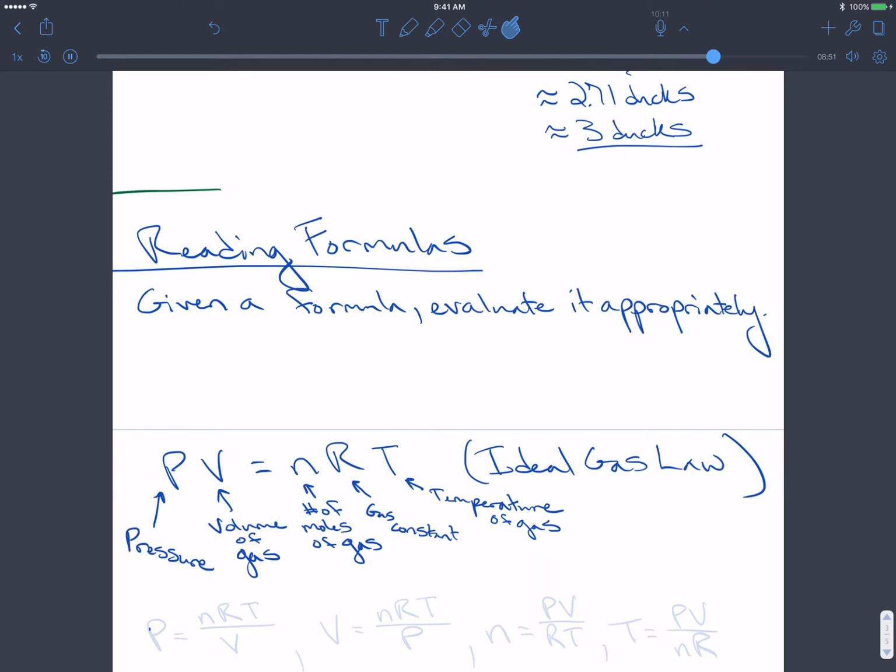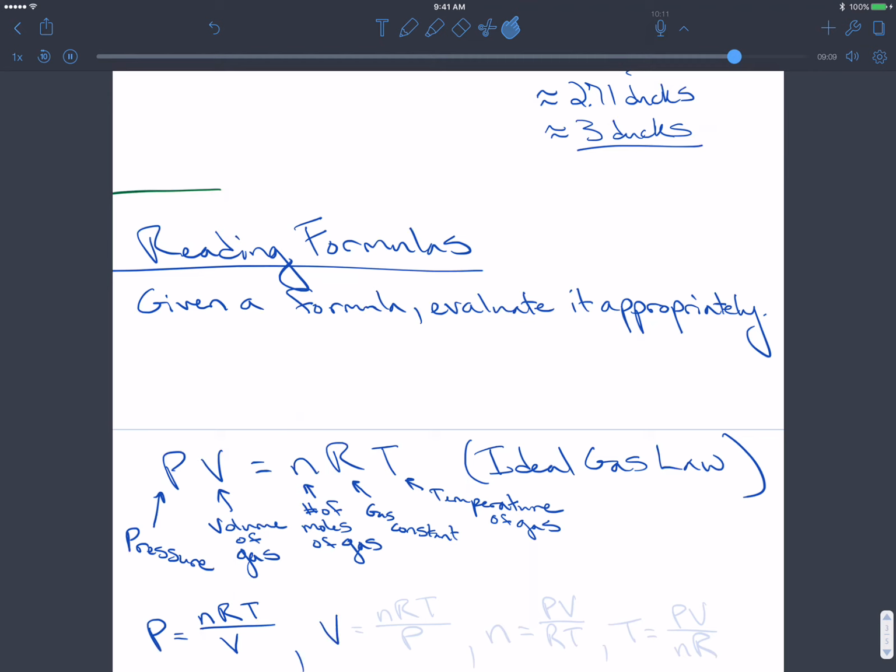If I wanted to determine P, all I would do is divide both sides by V. Right? Dividing PV by V gets me P back, and then I just have nRT all over V. I can also isolate V if I want, right?